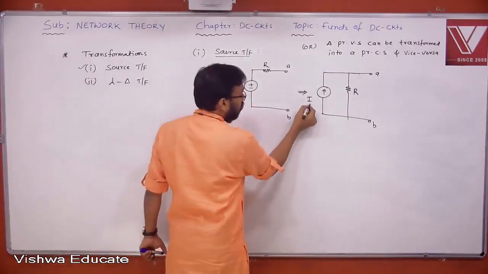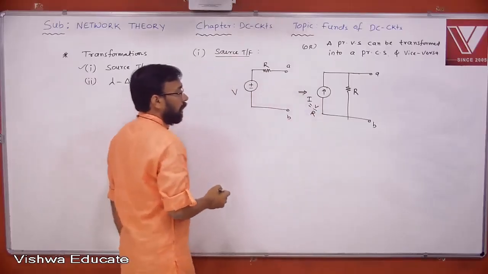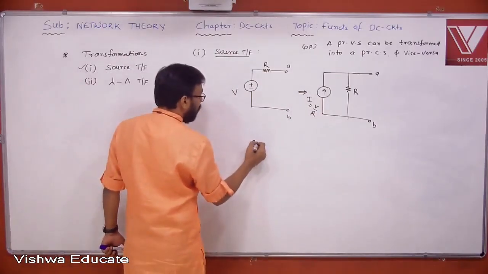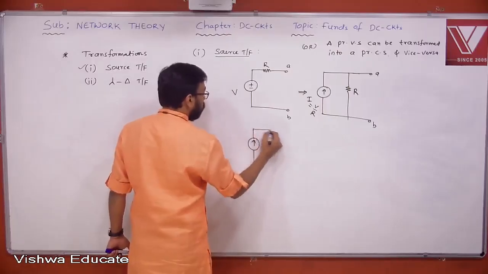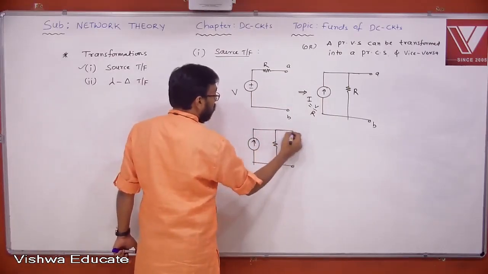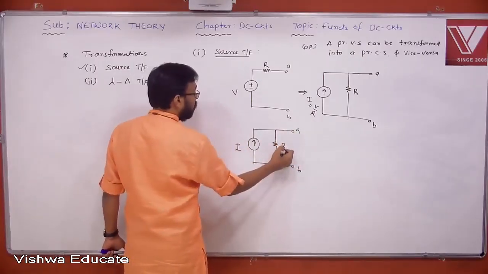And you know that I is equal to V by R. Okay? I is equal to V by R. A current source with a parallel resistor is also transformed. Please note down this quickly. This you already studied, I think. You already know it. Just quickly note down.